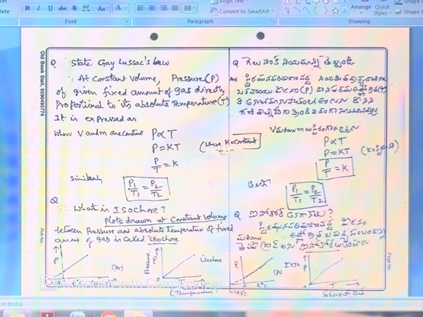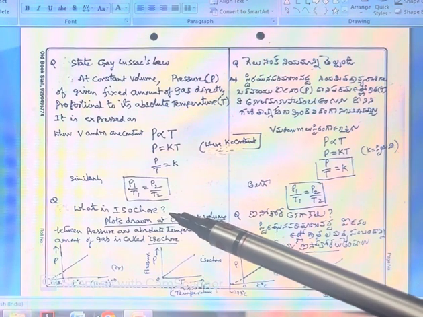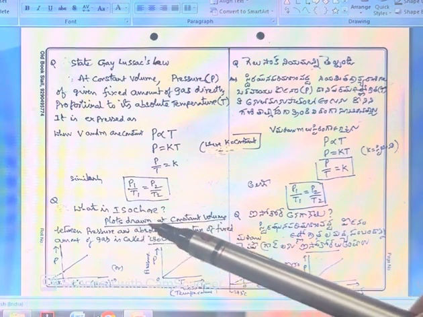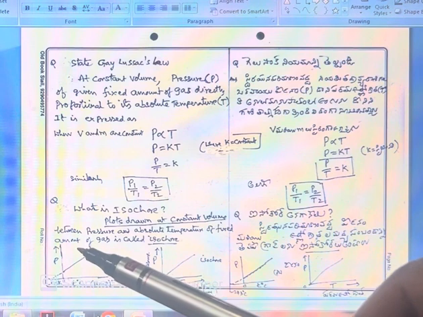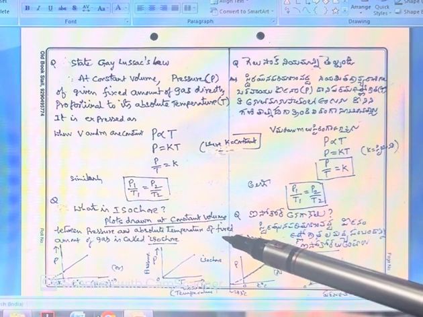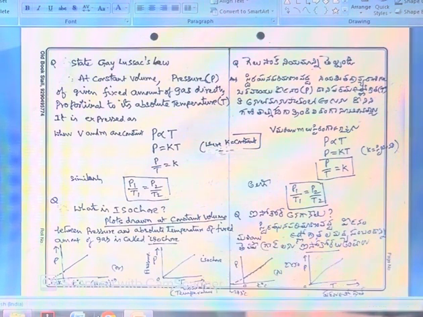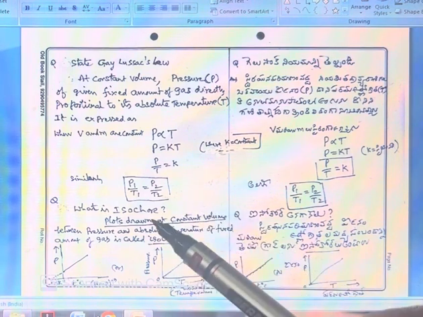Now, what is an isochore? This is also a very important question for 2 marks. Plots drawn at constant volume between pressure and absolute temperature for a fixed amount of gas are called isochores. That is, graphs drawn at a constant volume between any two variables are known as isochores.